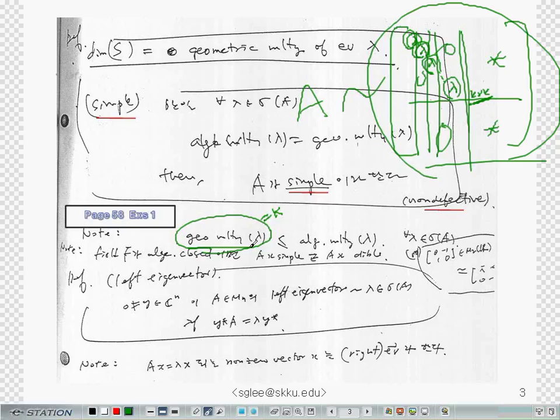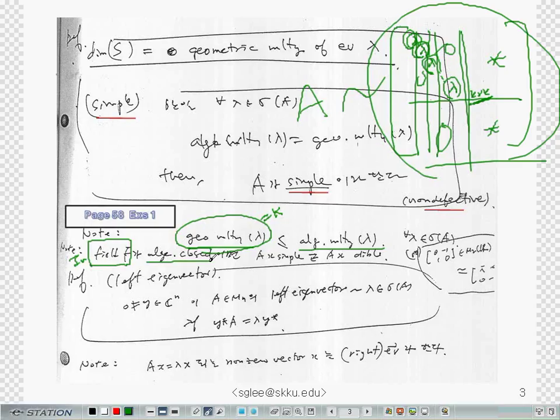So if the geometric multiplicity of lambda is k, then the algebraic multiplicity of lambda is always greater than or equal to k.